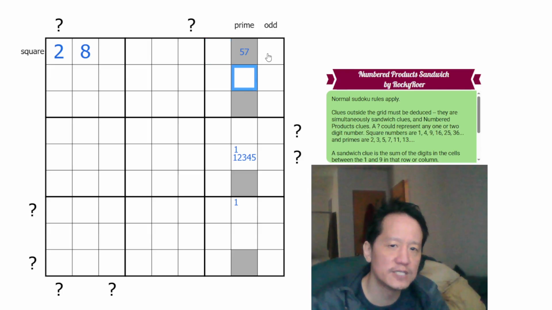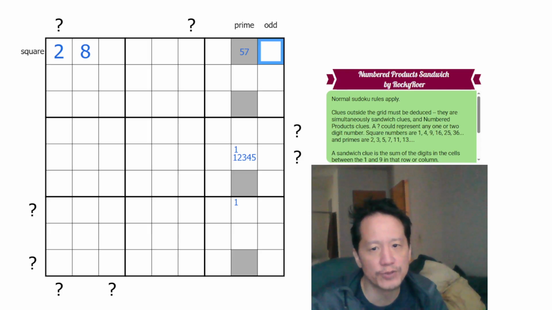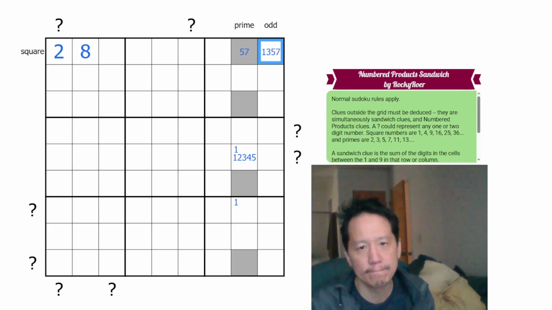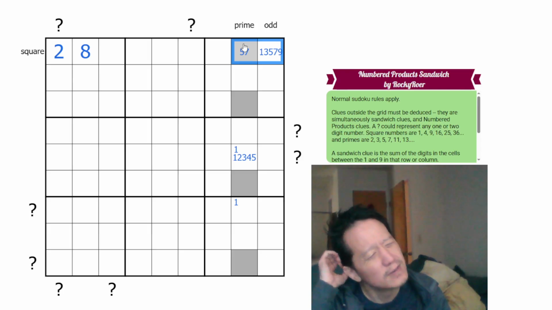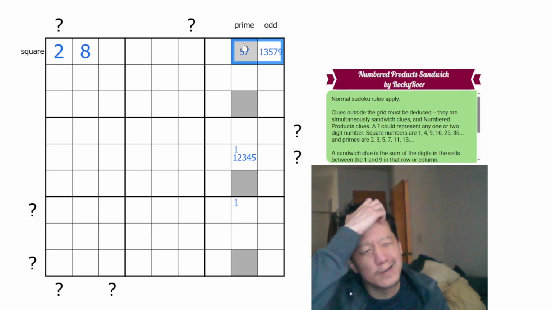Interesting. This is odd in this way. So this digit must be 1, 3, 5, 7, or 9. In between has to be 16, right? So because in between has to be 16, outside has to be, what does it have to be?